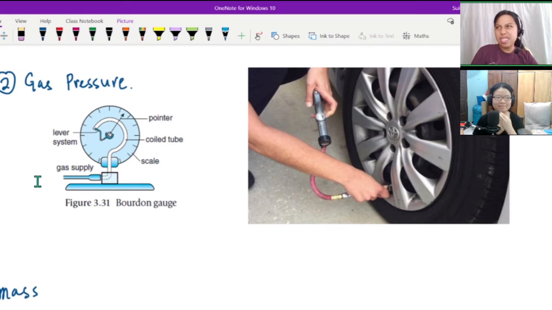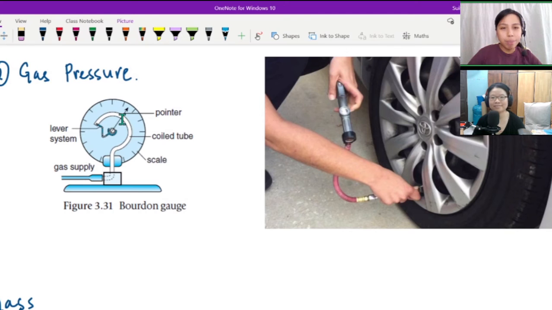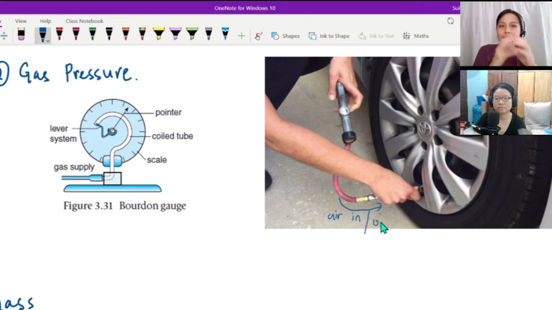Most commonly, you would see it maybe at some petrol stations or some kind of pumps, air pressure tank or something like that. Basically, you'll see a needle in a small round thing, and you see the needle deflect depending on what pressure is inside the tube or a gas supply.